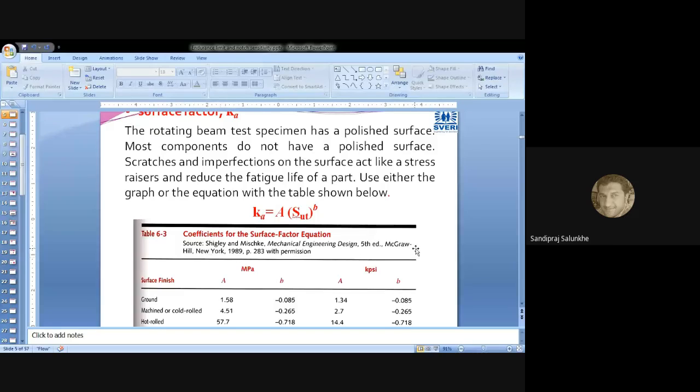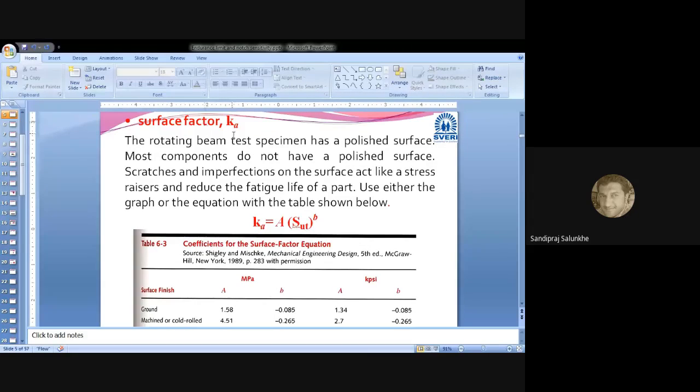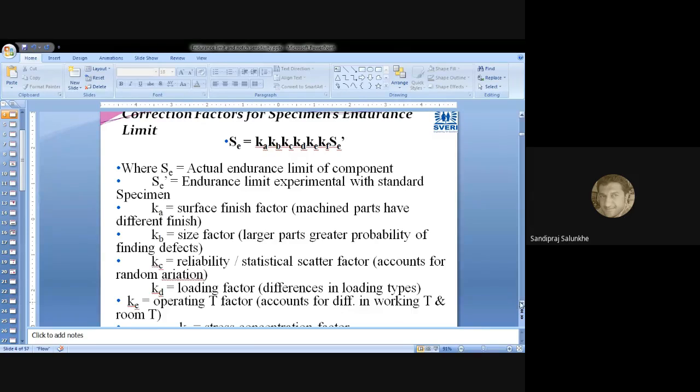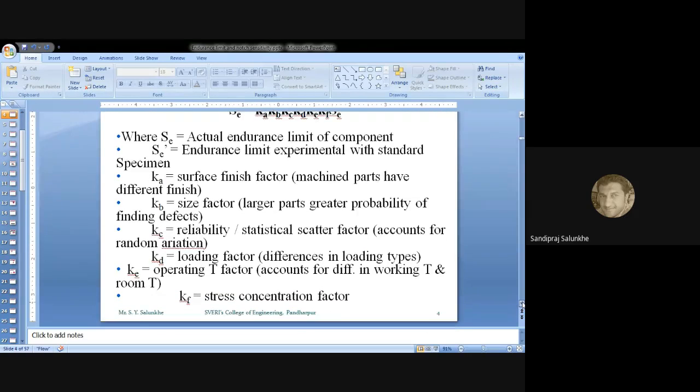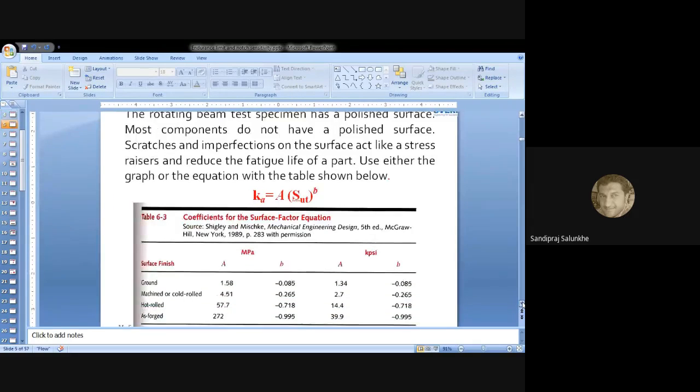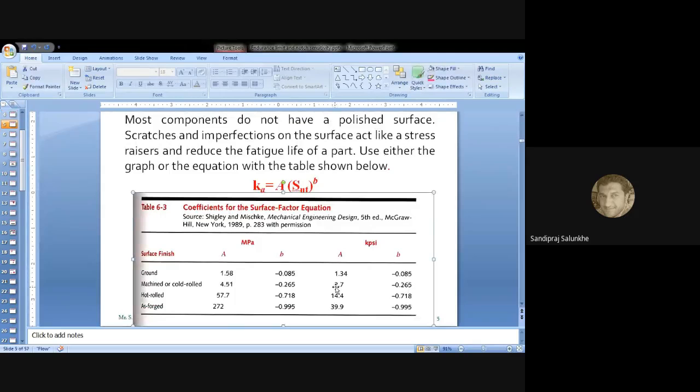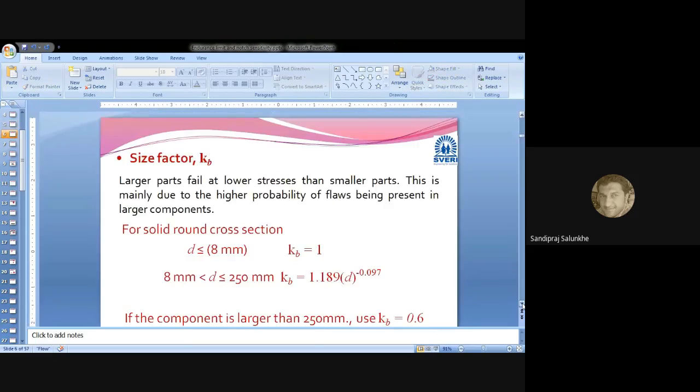And this is the table from which we get the surface finish factor. Likewise, this table I have told you is taken from the design data book or from Shigley's book. The actual tables or graphs will be provided to you at the time of problem solving.